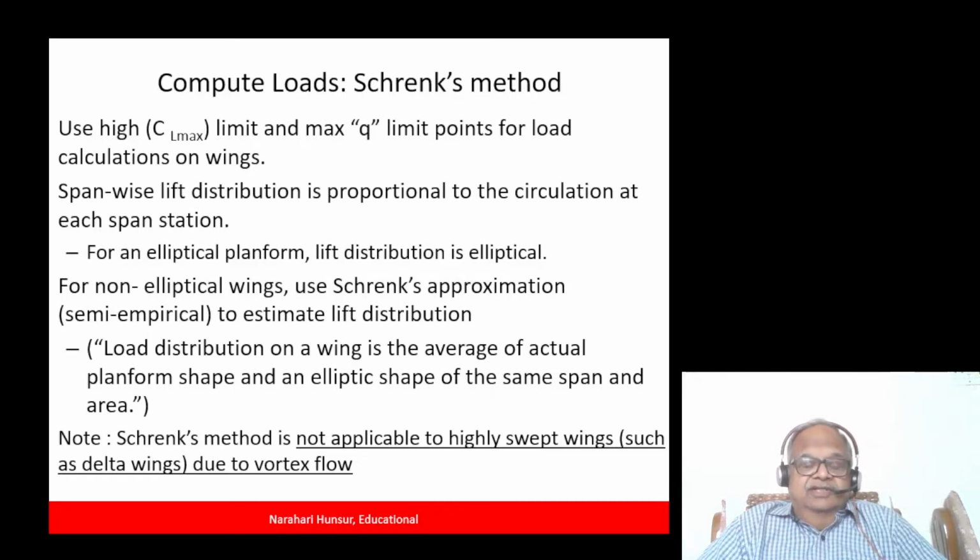I know wing lift is produced by circulation, and circulation depends on the local span station, basically the chord. For an elliptical planform, the distribution is elliptical. An elliptical planform is one where, if you take the chord from root to tip and plot the lengths, it turns out to be an elliptical quadrant.